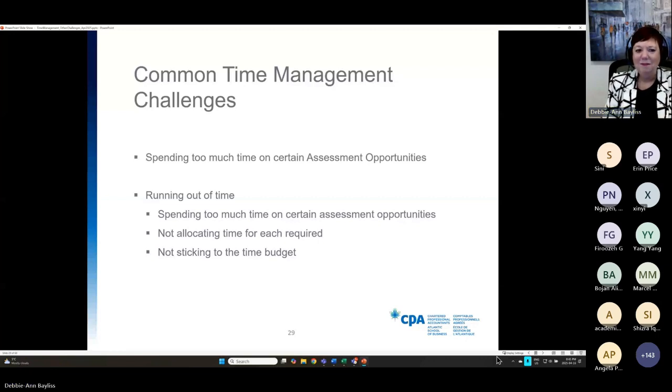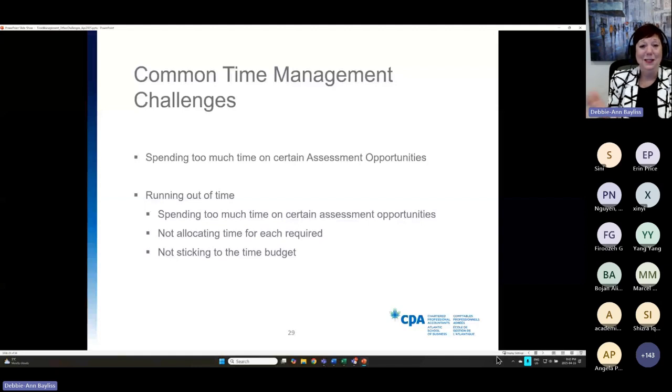Running out of time happens because, again, they spent too much time on certain assessment opportunities, or candidates haven't allocated time for the requireds. Every single time as an exam supervisor, I'll walk around to see who has allocated their time. Some candidates allocate their time, but they don't stick to their times.